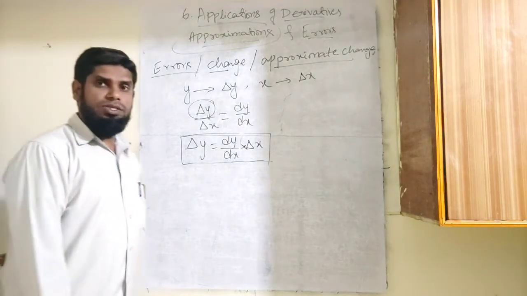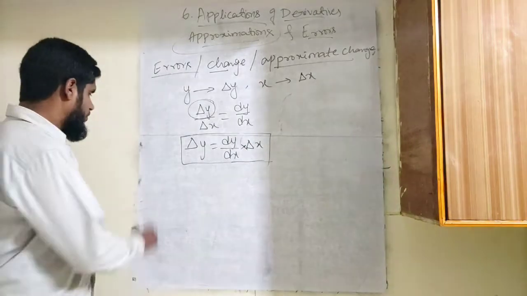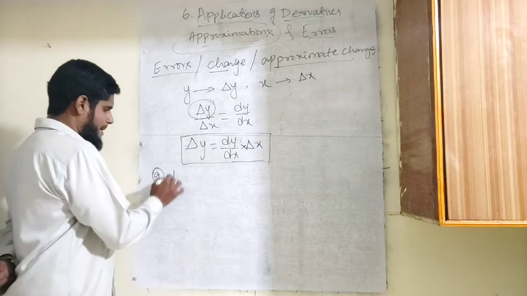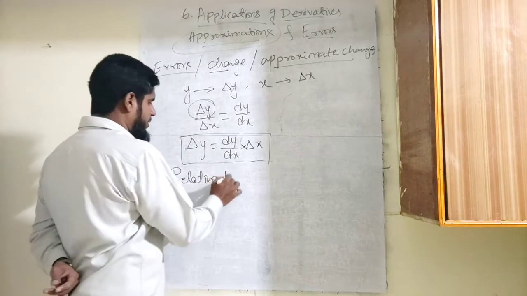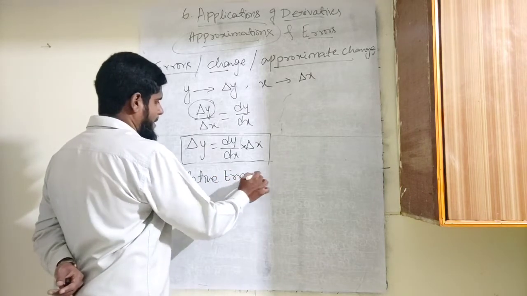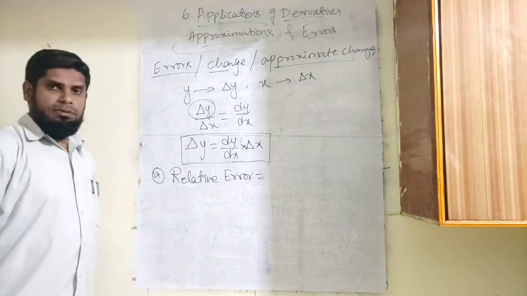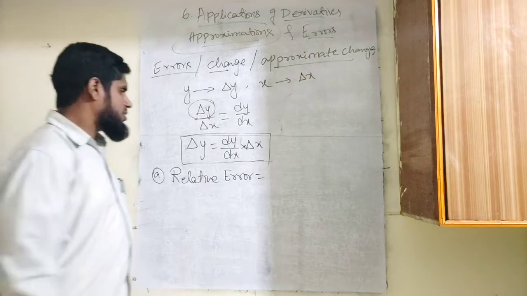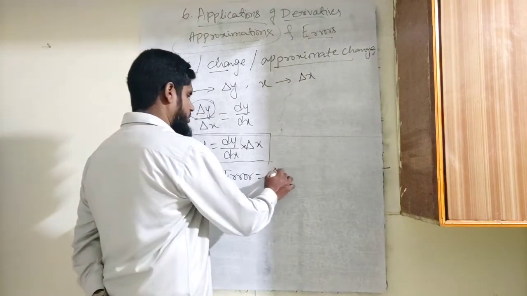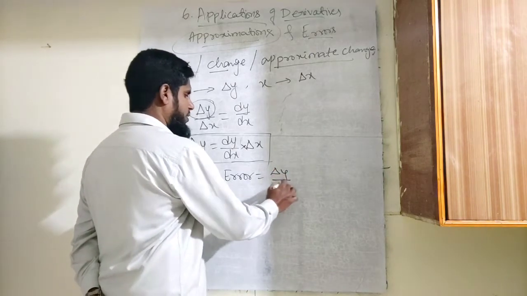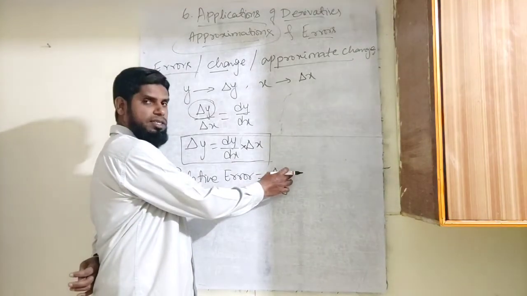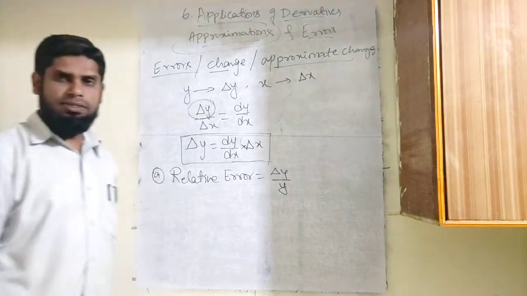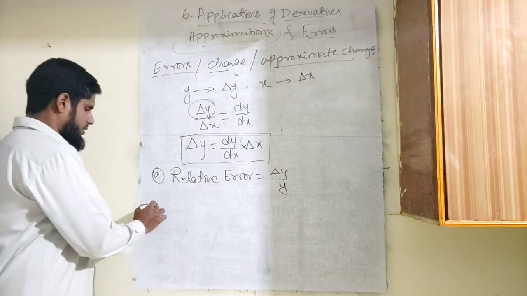Next, there are two kinds of error. The first one is relative error. The definition of relative error is delta y divided by y. Whatever the change in y, that divided by y.